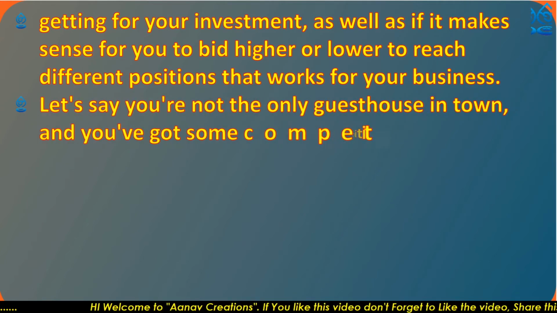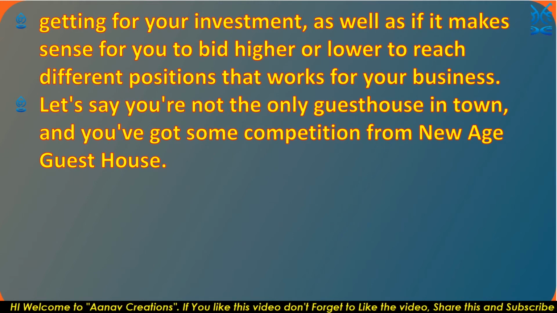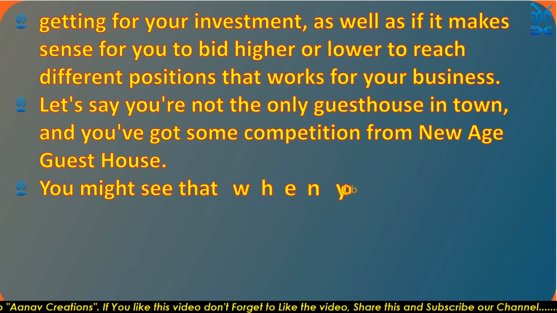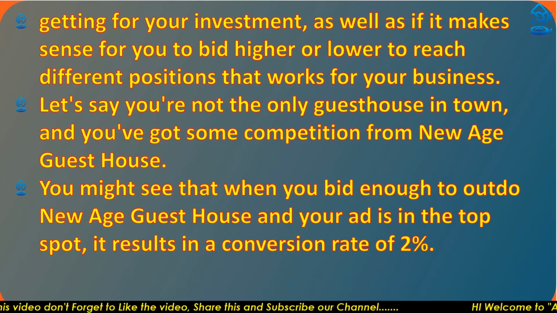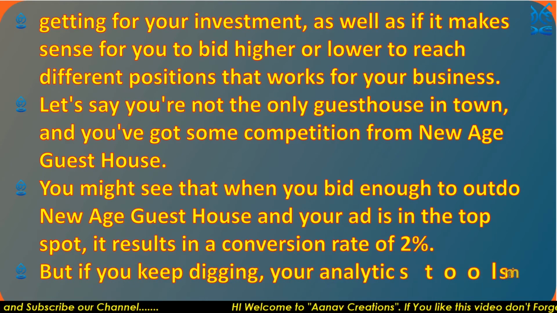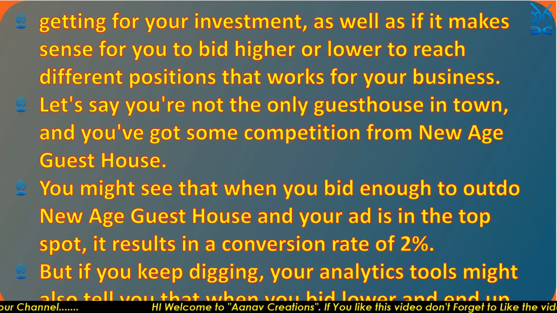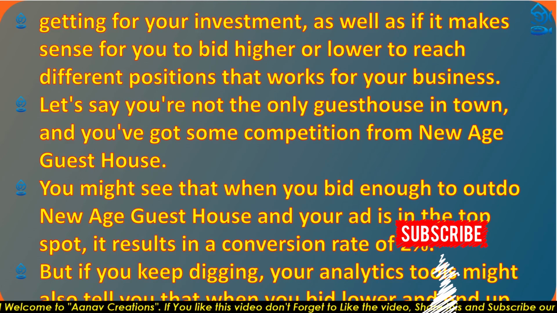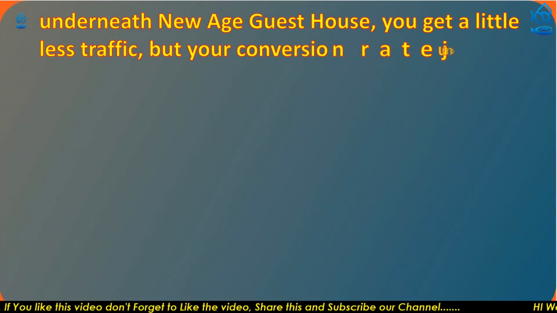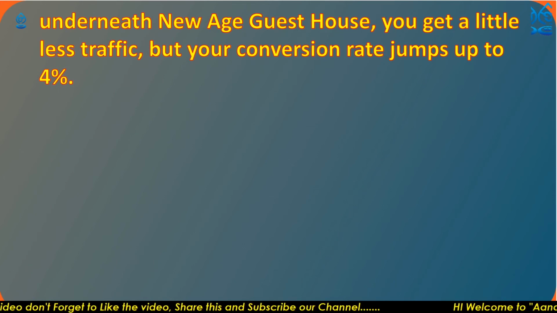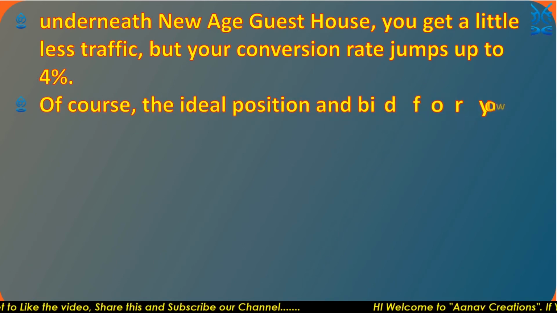Let's say you are not the only guest house in town and you have got some competition from New Age Guest House as well. You might see that when you bid enough to outdo New Age Guest House and your ad is in the top spot, it results in a conversion rate of 2%. But if you keep digging, your analytics tool might also tell you that when you bid lower and end up underneath New Age Guest House, you get a little less traffic, but your conversion rate jumps up to 4%.